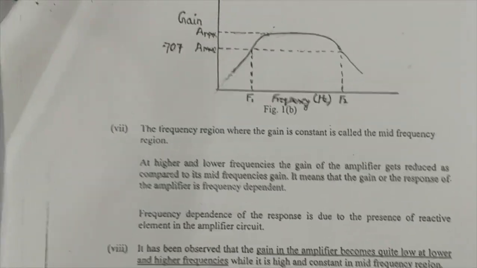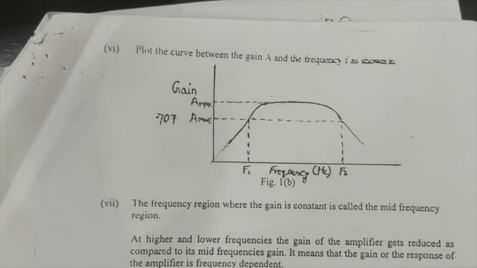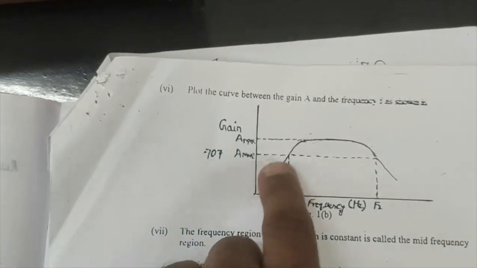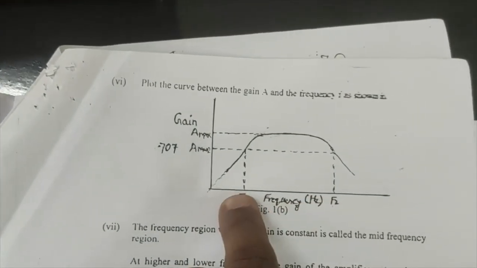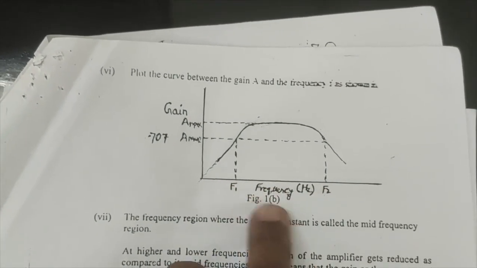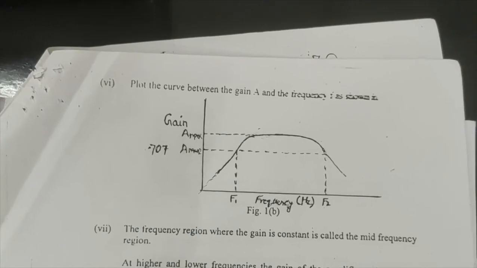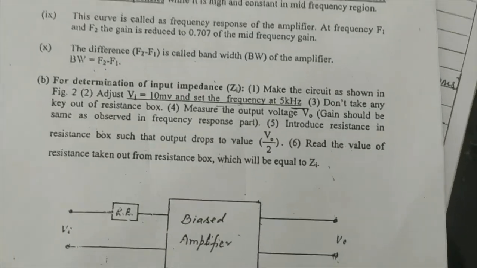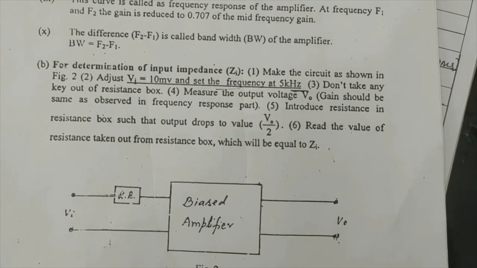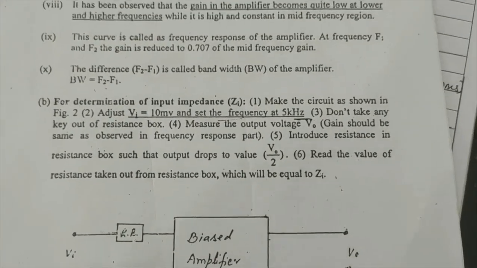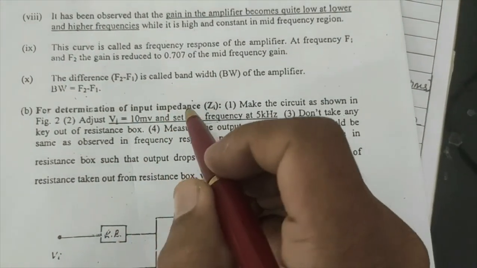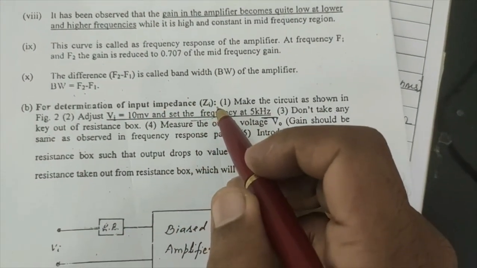The first part of this experiment consists of this much: we have to change the frequency, calculate the gain, plot it, and calculate the bandwidth of the single stage RC coupled amplifier in common emitter configuration. For the second part of the experiment, this is for determination of the input impedance Z1.